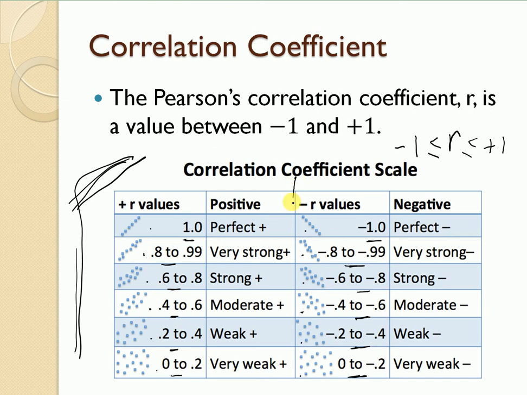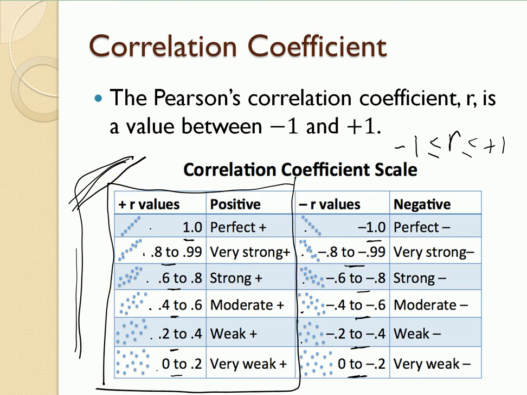Over on this side, it is clear that the variables are positively related as the values follow an upward sloping line.